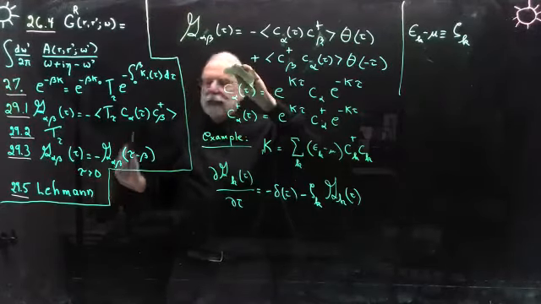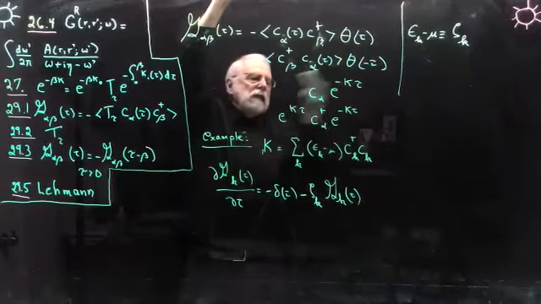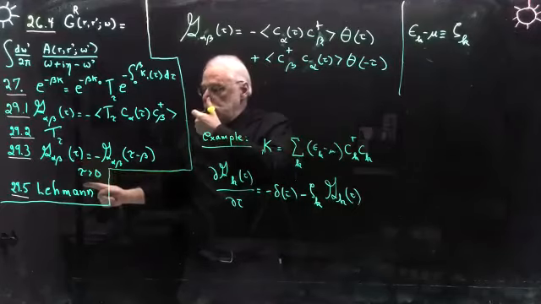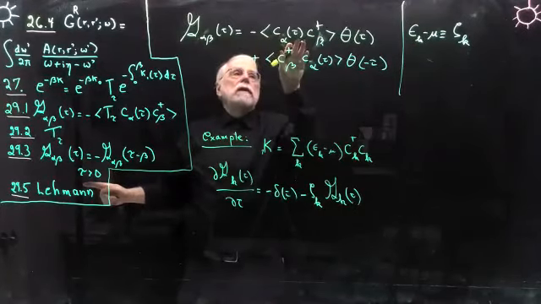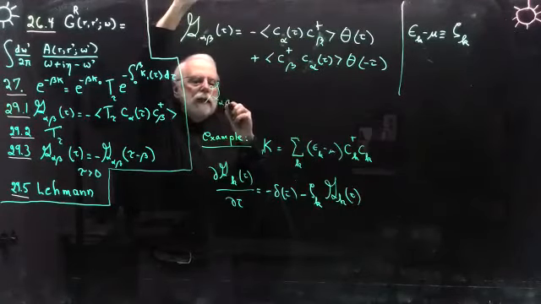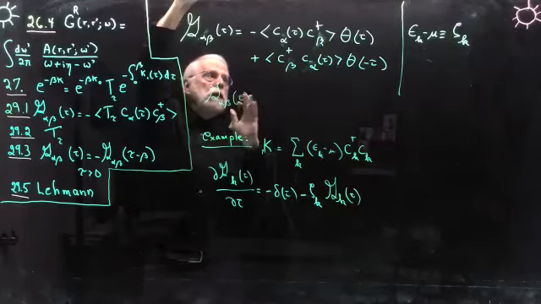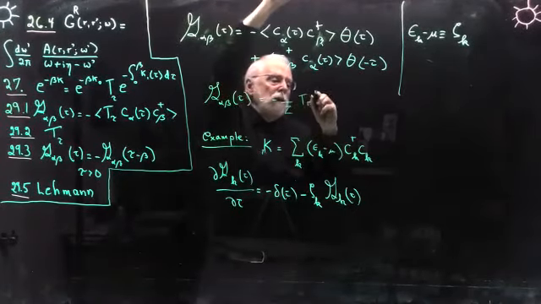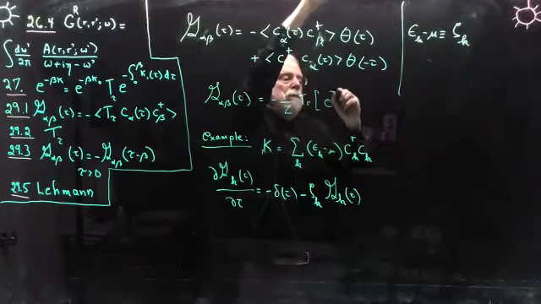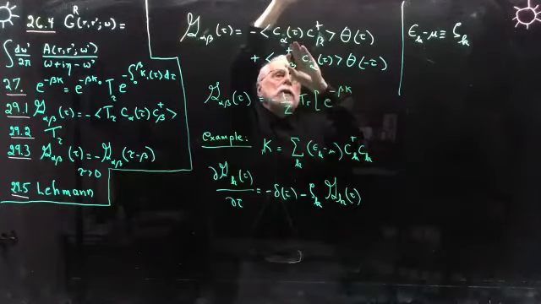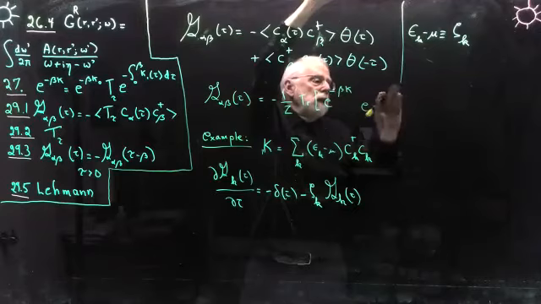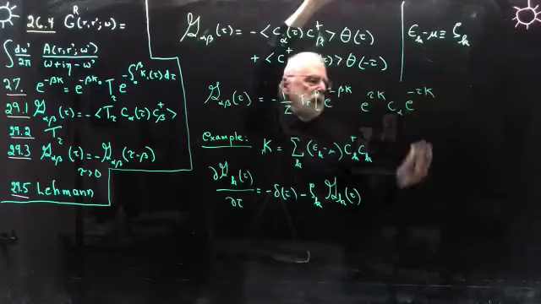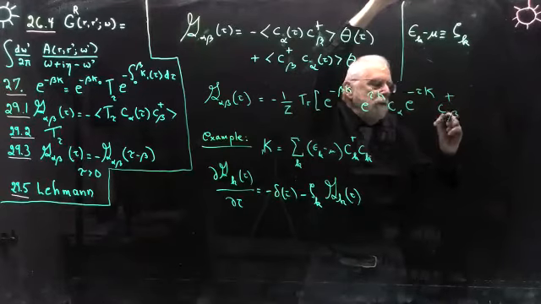So if tau is larger than 0, I get this. If tau is larger than 0 by hypothesis, then it means that the Green's function G alpha beta of tau, for tau larger than 0, is equal to minus 1 over Z times the trace of e to the minus beta K times c alpha of tau, which is e to the tau K times c alpha e to the minus tau K, times c dagger beta.